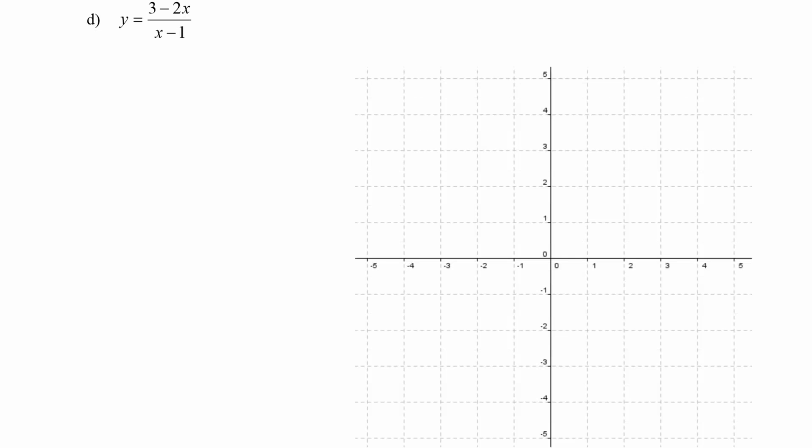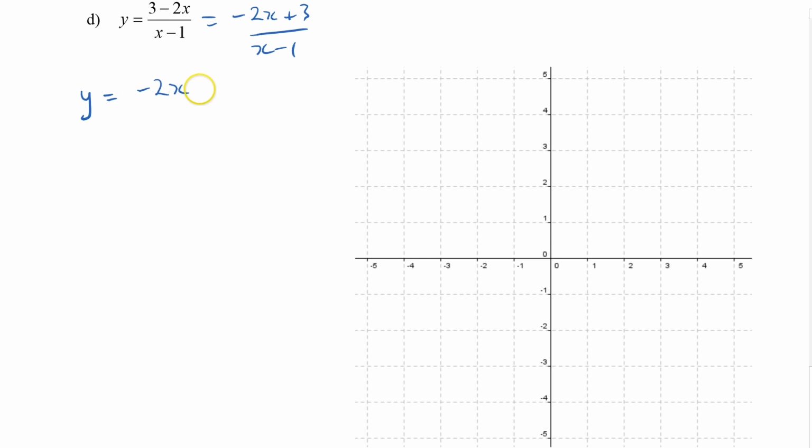Alright, now this last one has put a little bit of a twist in here. They rearranged the order, and they also made the x term negative. So I guess the first thing I'd like to do is put this back. So I have minus 2x plus 3 all over x minus 1. Now I'd like to also set this up and say, how could I rearrange this?